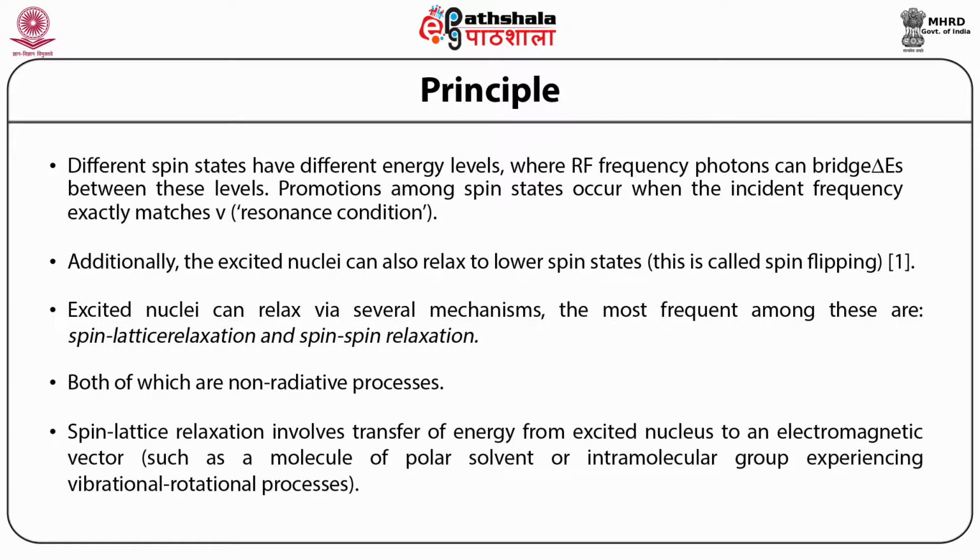Spin lattice relaxation involves transfer of energy from the excited nucleus to a vector, such as a molecule of polar solvent or an intramolecular group experiencing vibrational or rotational processes.